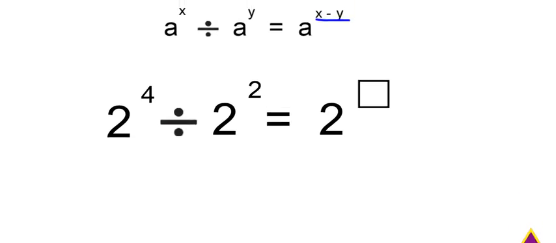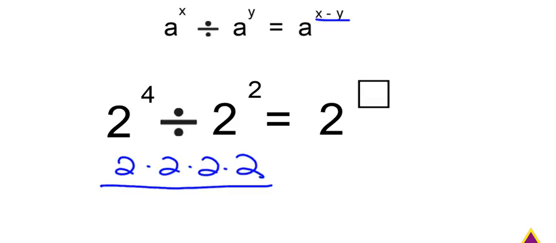It says 2 to the 4th divided by 2 to the 2nd. So literally that would look like 2 times 2 times 2 times 2 over 2 times 2. We already know I could start canceling things out like this, and I should get an answer of 2 2's, so I should get 2 squared for a final answer.